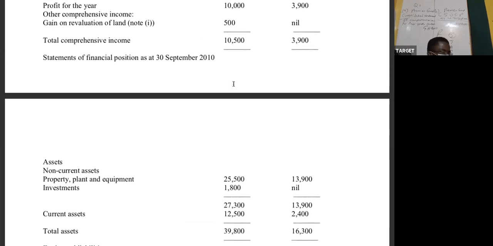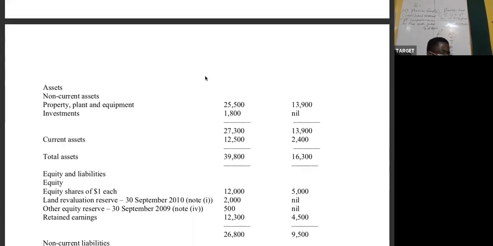Now, the statement of financial position is also here. For financial position, we will do a full year consolidation because we cannot prorate assets and liabilities and some part of equity. We can only prorate retained earnings or profit items.